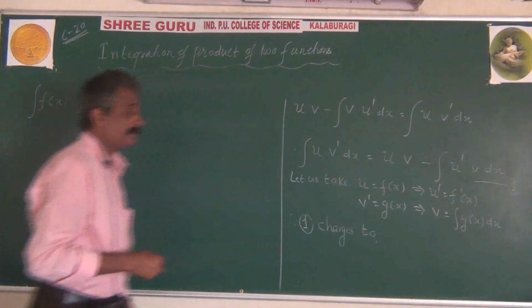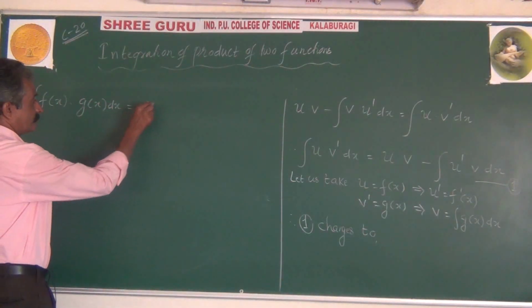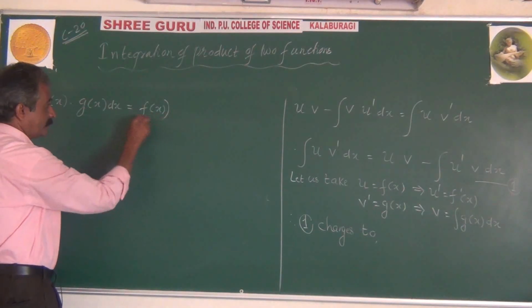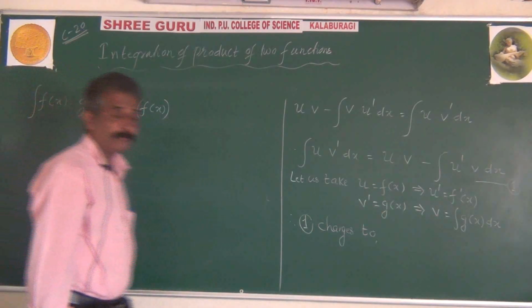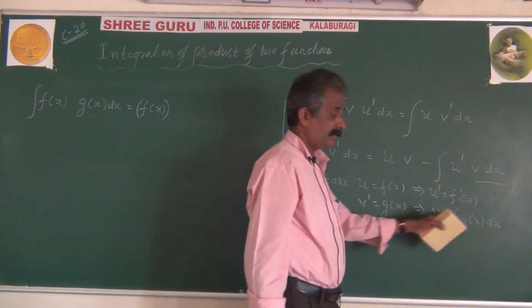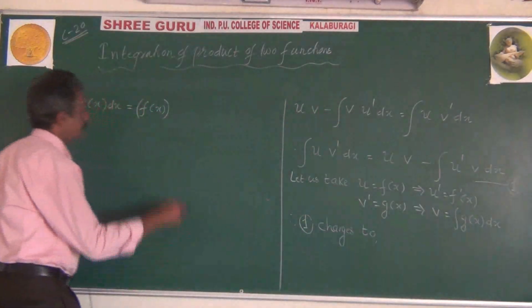U means f of x, put in a bracket, into v. V means what? Integration of g of x.